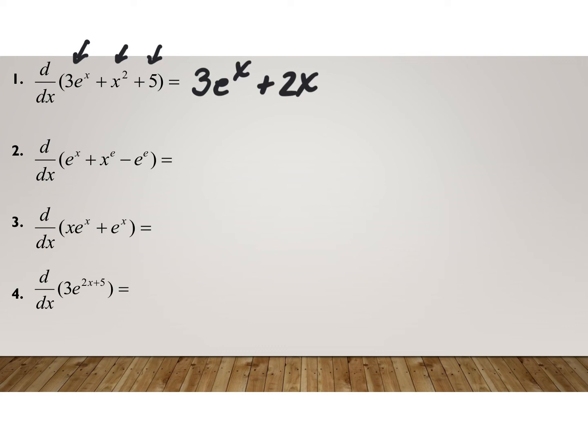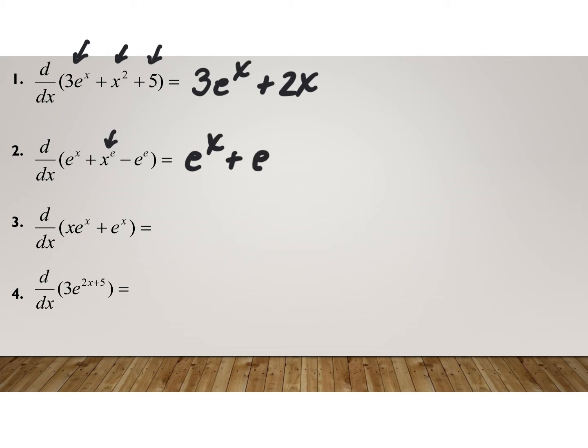For the next one, the first term, e to the x, derivative is e to the x. Now, this is a variable raised to a number. So we're going to use the power rule. It's going to look a little different. If that was x to the 17, you would say its derivative is 17x to the 16, because we subtracted 1 from the exponent.